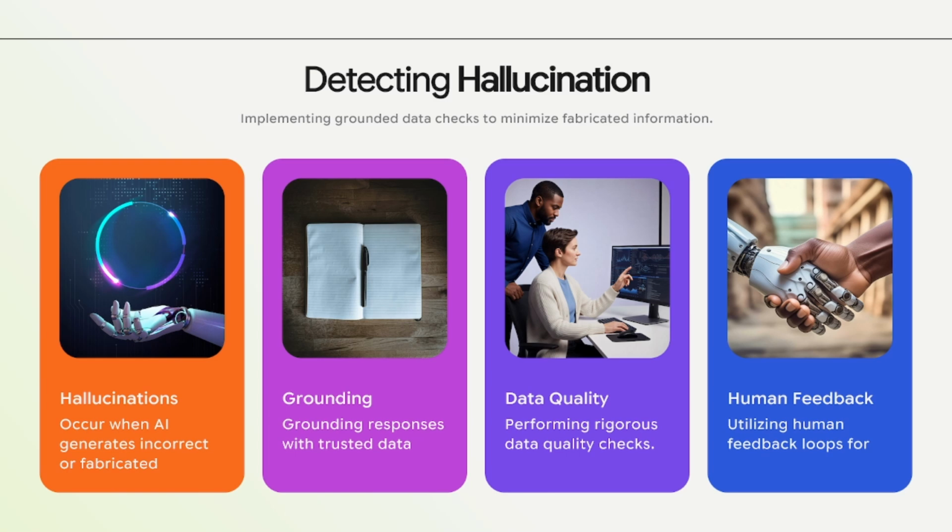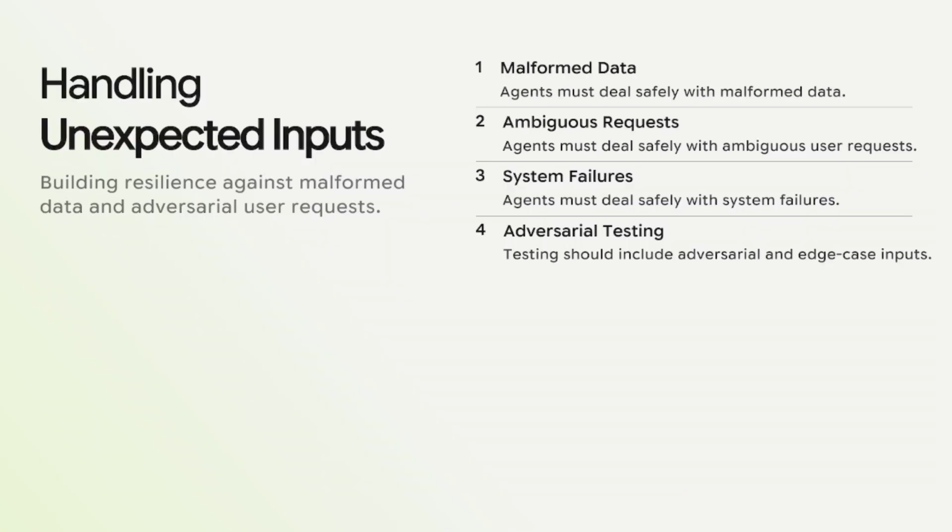Human feedback: utilizing human feedback loops for testing is also very, very important. You can use LLM as a judge. You can also use human review to judge the output of the model.